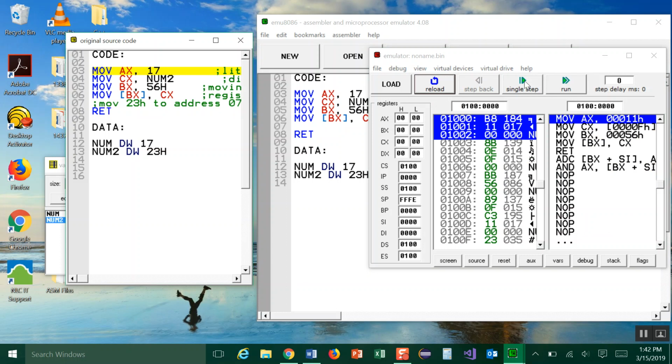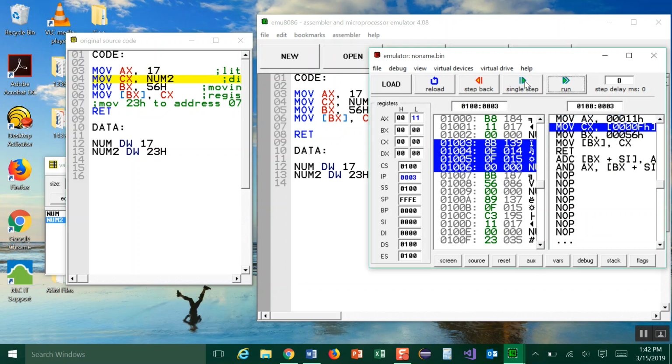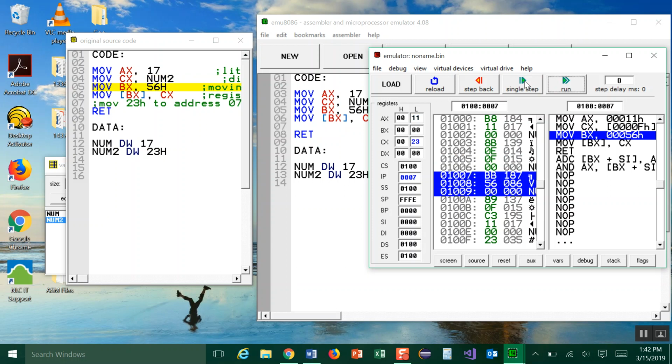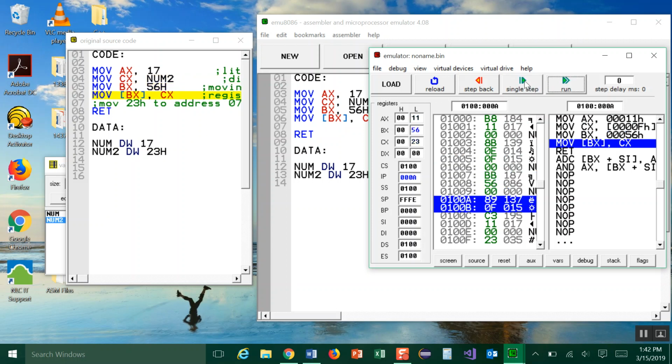Okay, I'm going to just redo this. Move 1, 1, and then move 2, 3, and then move 56 into BX. And remember, the next instruction, once again, is saying move 23 into the address stored in BX.